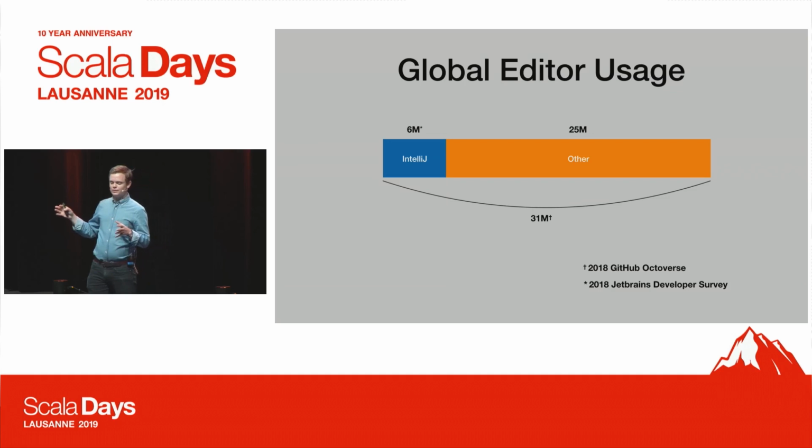And the JetBrains developer survey from 2018 says that they have 6 million people who use JetBrains products, including IntelliJ. And that's a really impressive number, and JetBrains products are really fantastic. But that still leaves 25 million programmers out there who've never even downloaded or installed IntelliJ.